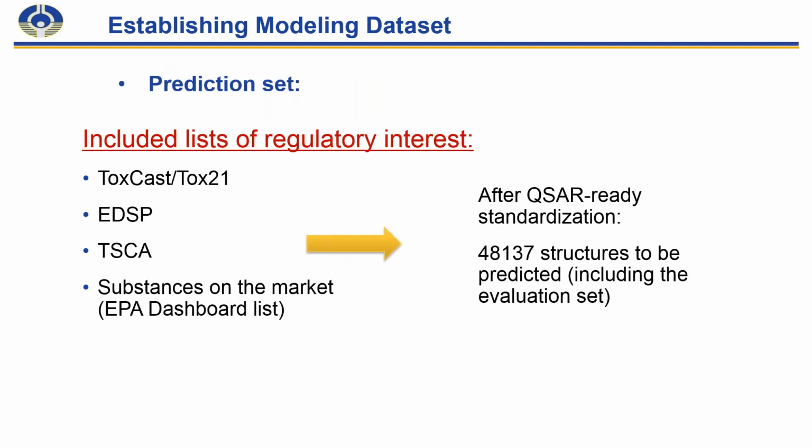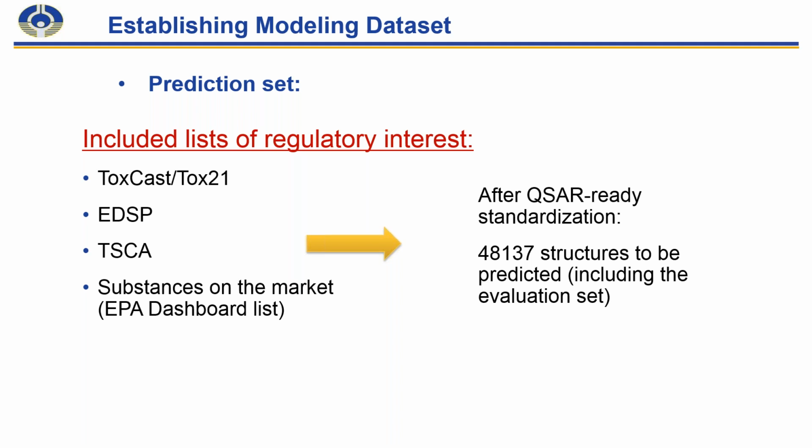So then we established an additional set that we called the prediction set. And so these are chemicals which the vast majority of them we don't know the LD50 value for, so they don't have any associated rat acute oral systemic toxicity studies that we could find. But they are chemicals that have been prioritized in terms of their interest and their relevance to different regulatory programs.